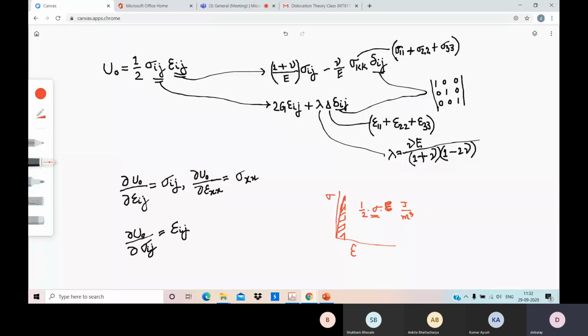Strain doesn't have any unit. So it comes to Newton meter, sigma into epsilon, half sigma epsilon. So you get Newton meter by meter cube, which is joule per meter cube, the area under the curve. So you can calculate from the stress strain curve, half sigma into epsilon is my distortion energy or elastic strain energy.